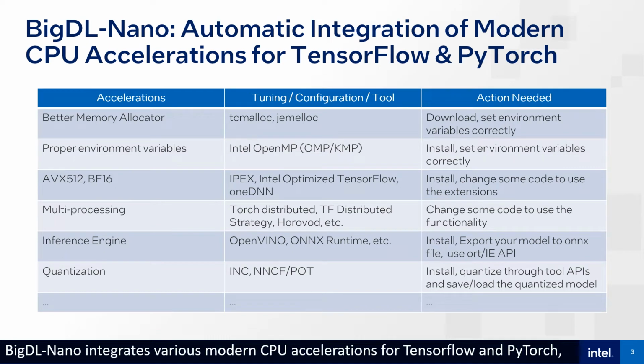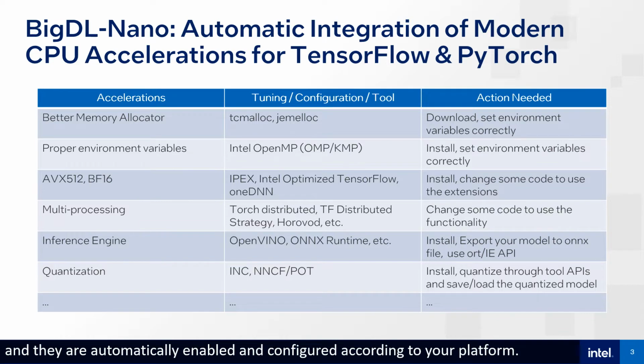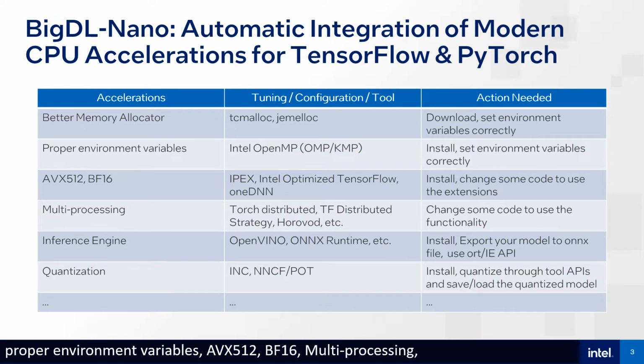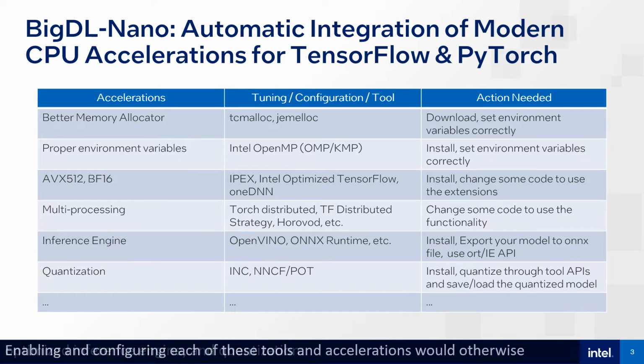BigDL Nano integrates various modern CPU accelerations for TensorFlow and PyTorch, and they are automatically enabled and configured according to your platform. The integrated accelerations include better memory allocator, proper environment variables, AVX512, BF16, multiprocessing, optimized inference engine, and quantization.